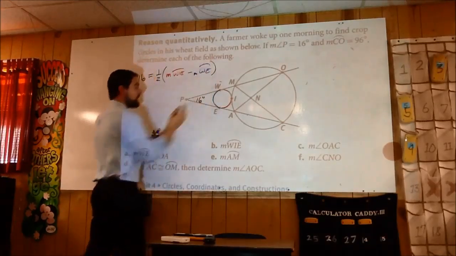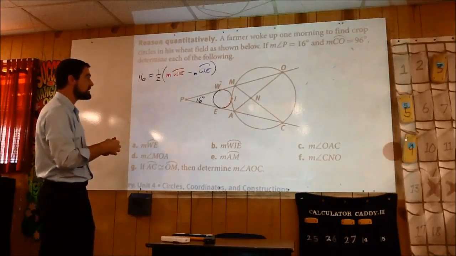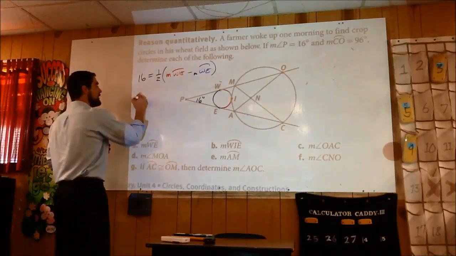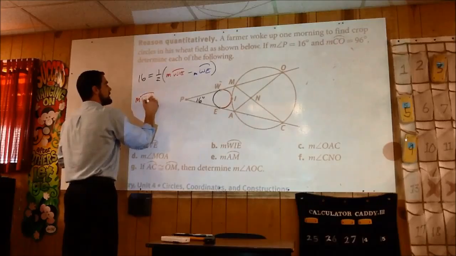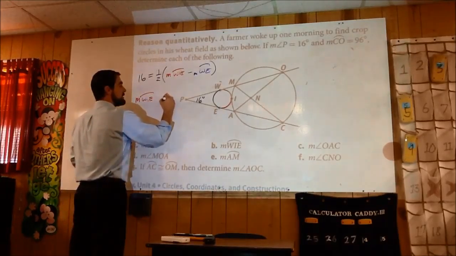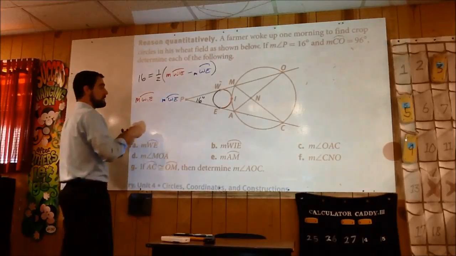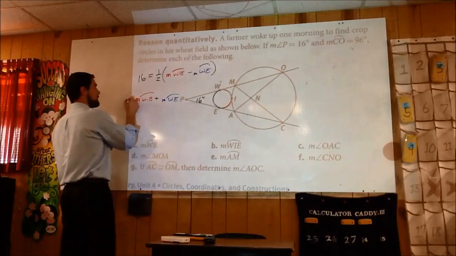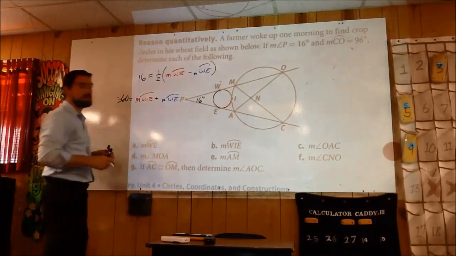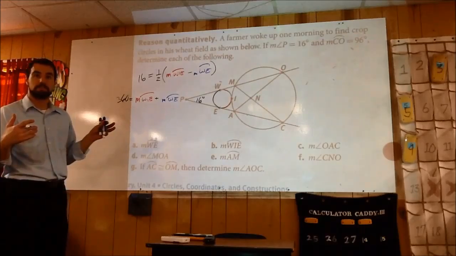So that's one equation that we know about those two arcs, and the other equation is that I know the measure of arc WIE plus the measure of arc WE equals what? 360 degrees.